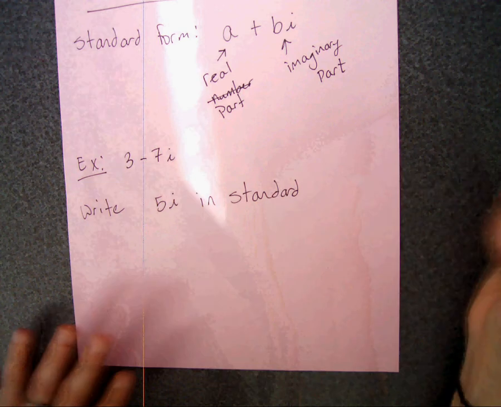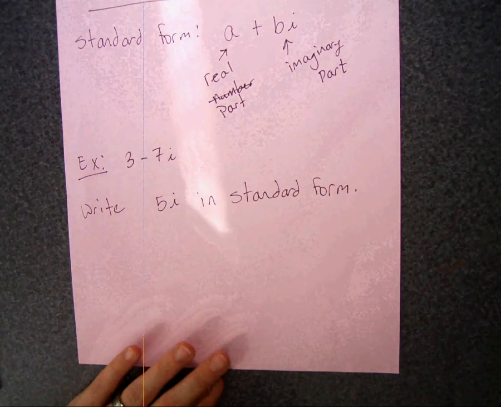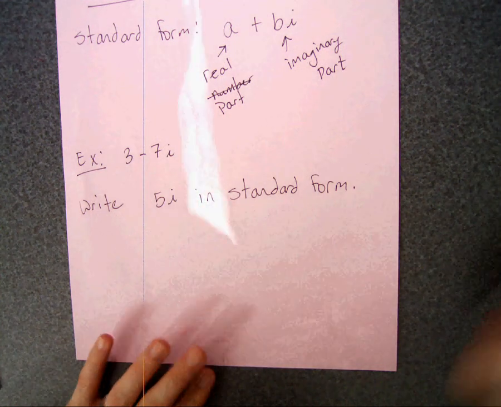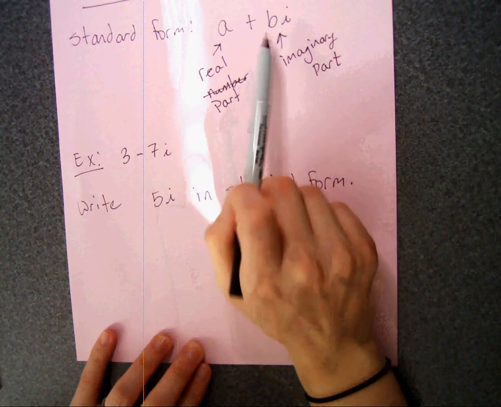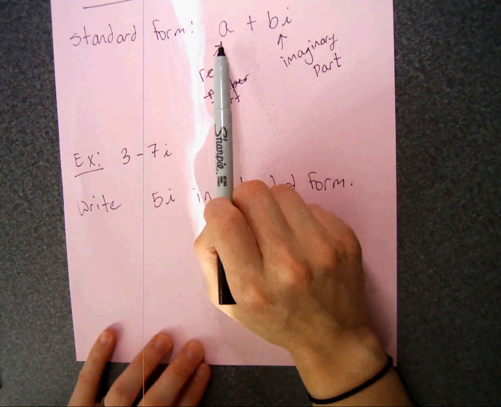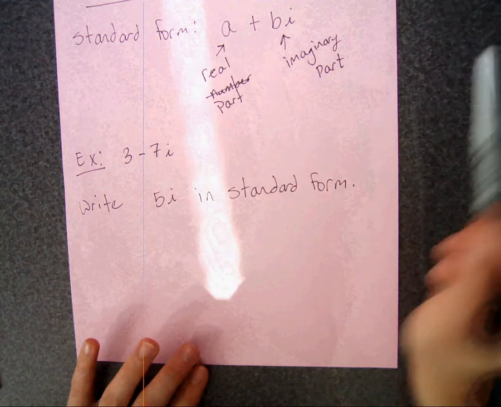The real part, right? This is the imaginary part, my second part. I need the real part. What number could I put in the real part's place that isn't going to change the value of my number? 0. So 5i, written in standard form as a complex number, would just be 0 plus 5i.